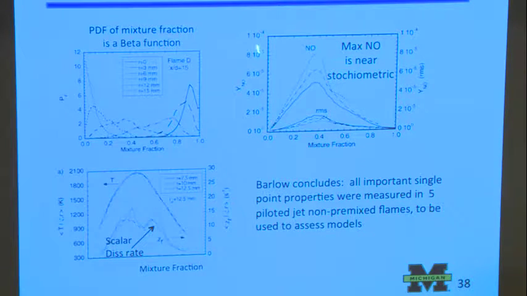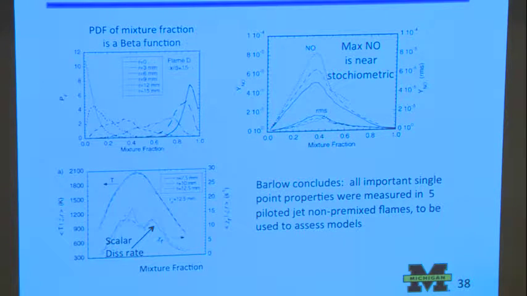So you could argue that there's no point in trying to get the nitric oxide to agree with the experiment, but you want it to be in the right ballpark. And a number of models are in the right ballpark.